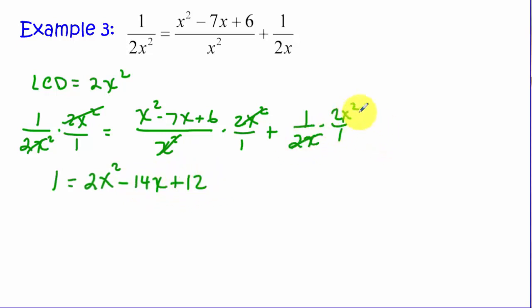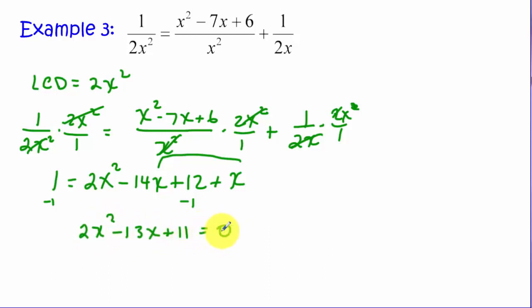And here one of the x's cancels, so we have plus x. So this time we have a quadratic equation, so we want to set it equal to 0. So I'm going to subtract this 1, and we'll combine those like terms. So we have 2x squared minus 13x plus 11 equals 0.